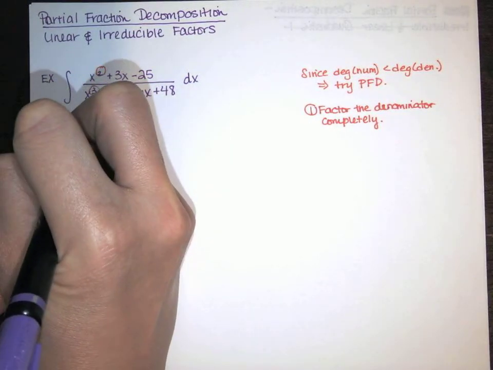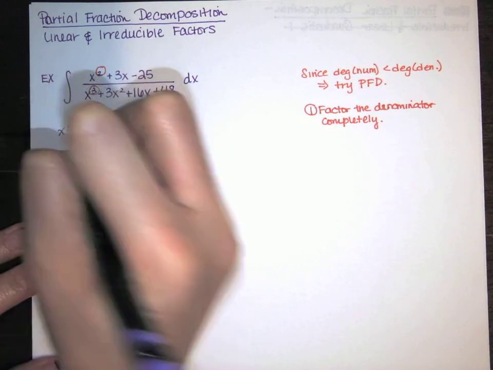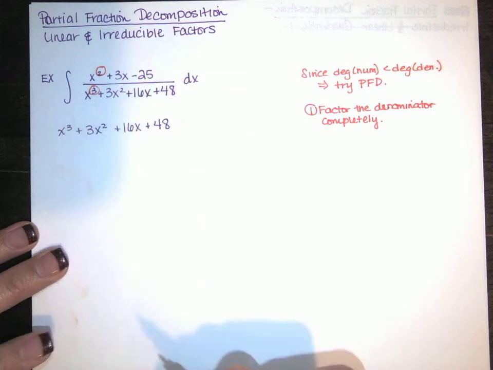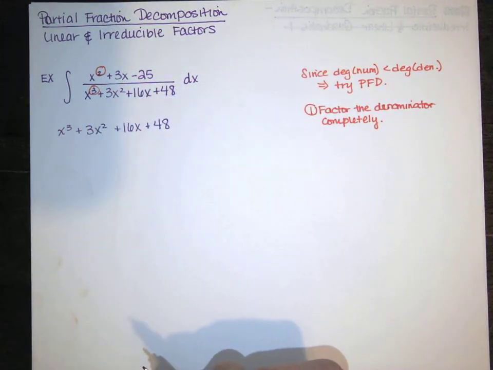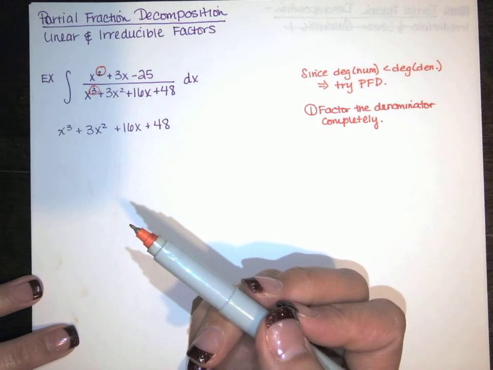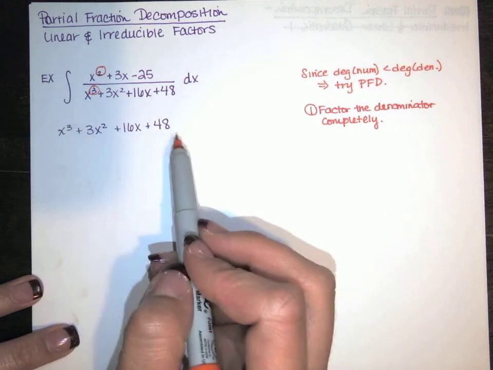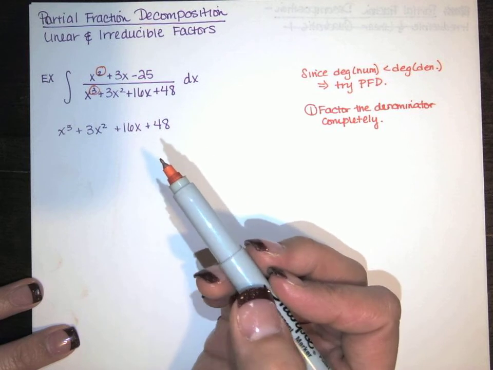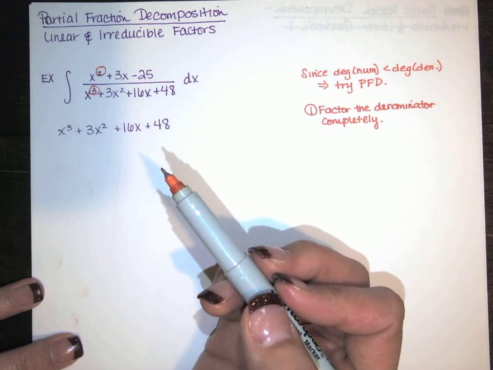So I've got x cubed plus 3x squared plus 16x plus 48. Now notice I've got 4 terms in this polynomial. This does not always work, but many times when you have 4 terms in a polynomial like this, it can be factored by a method called factoring by grouping.